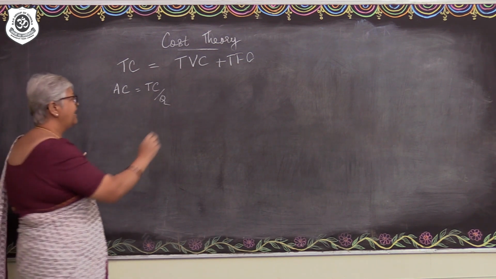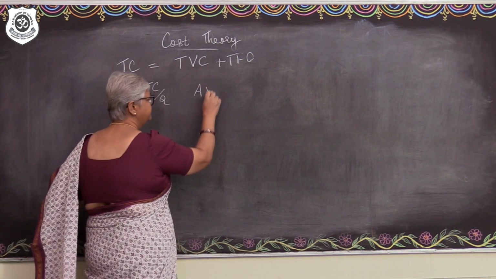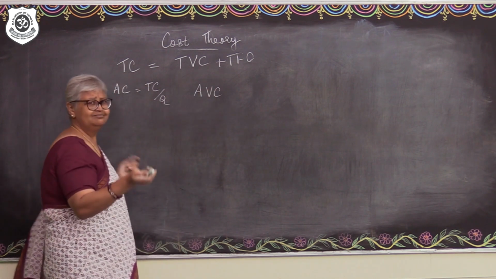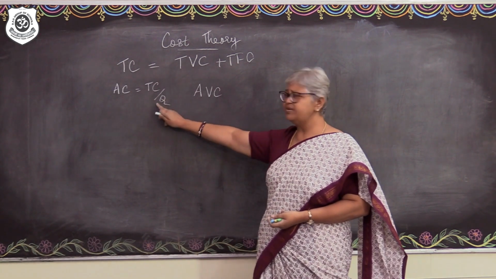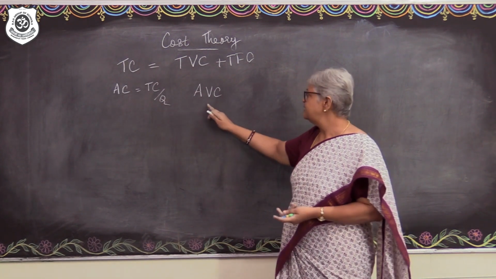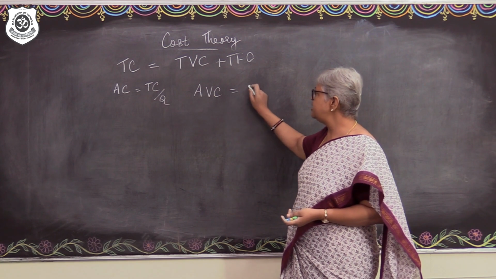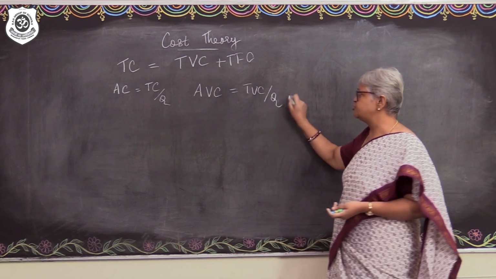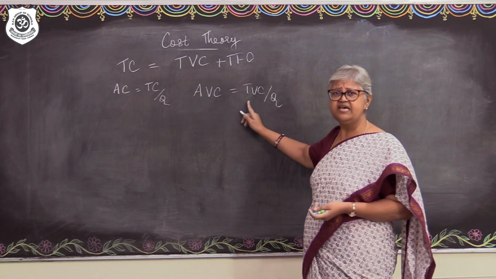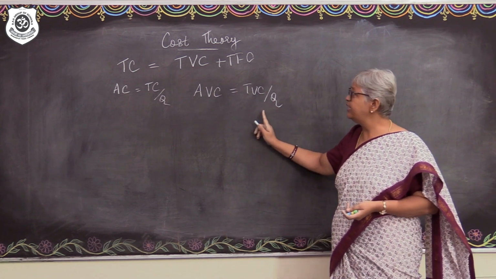So, the average variable cost, I think it's very apparent from the known identity now and from this derivation, isn't it? Average variable cost can be understood as the per unit variable cost of production, or it is TVC by Q, right?